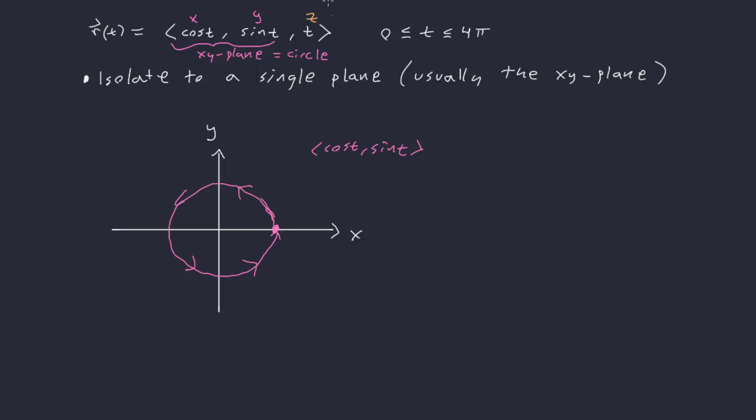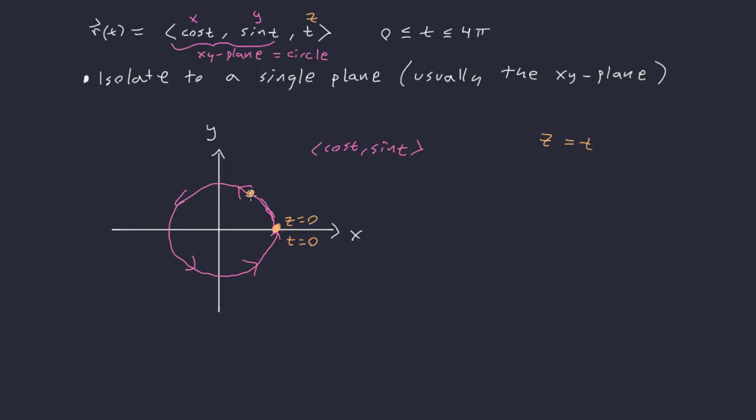Then what I do is I start looking at what z does. So z is just t. When t is equal to 0, we're right here on the xy plane, and z is going to be 0.